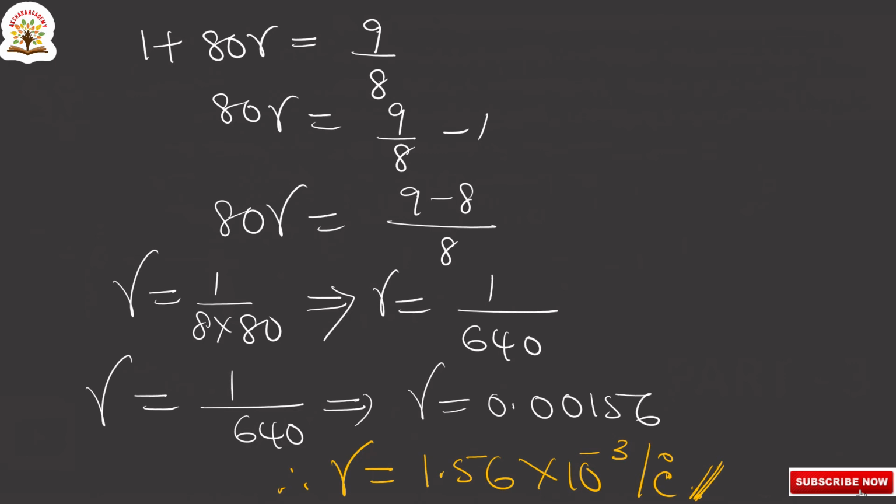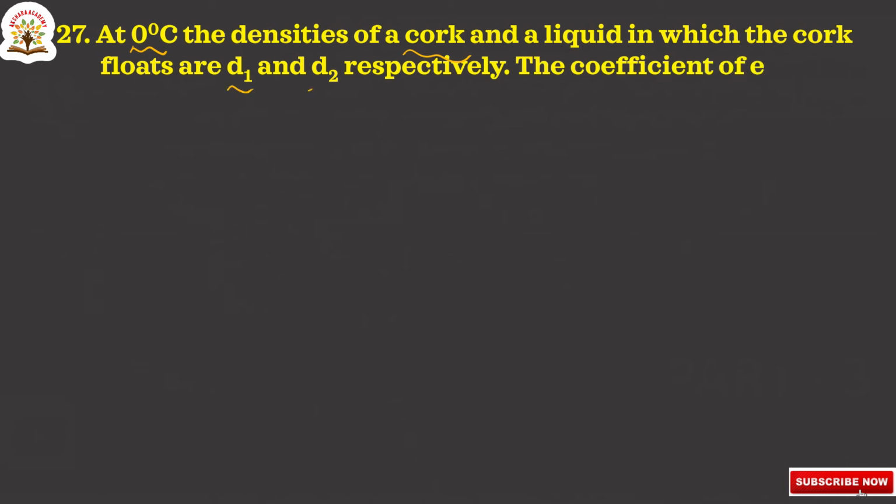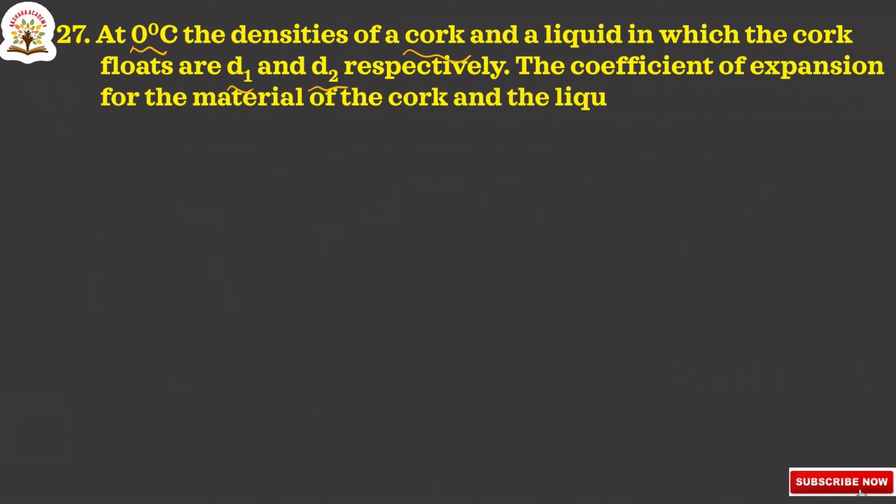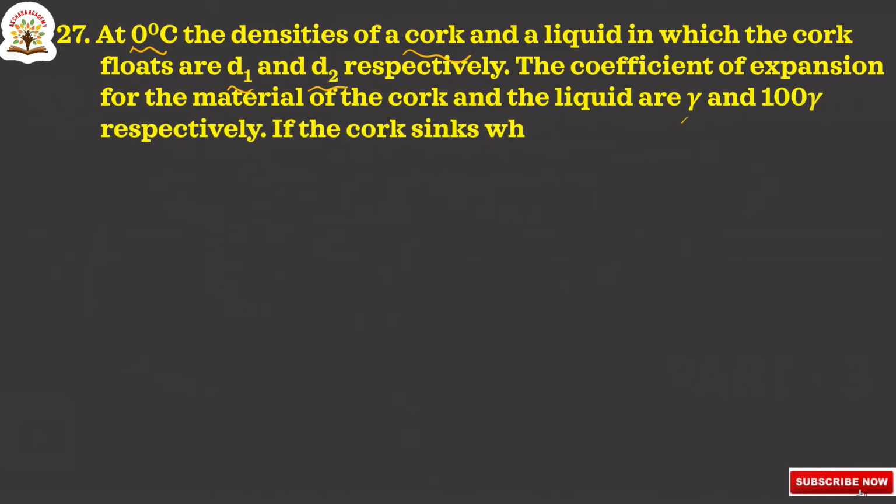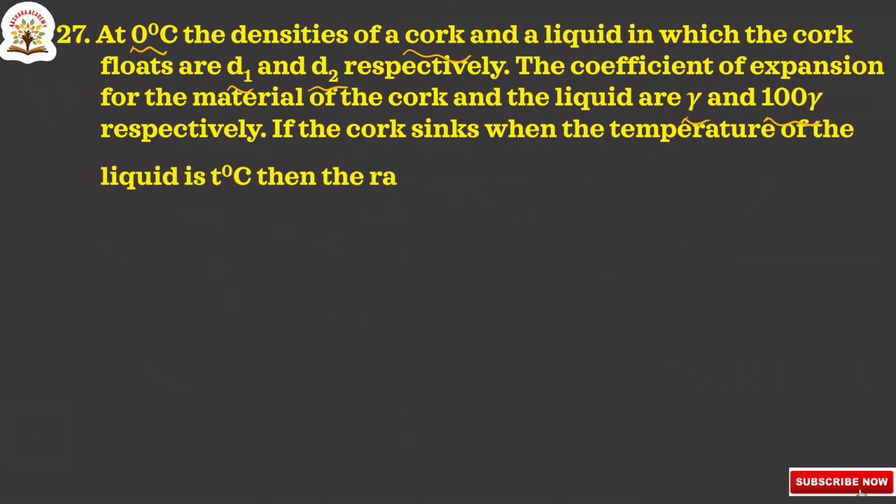Next we will go to the next question. At 0 degree centigrade, the densities of a cork and a liquid in which the cork floats are D1 and D2 respectively. The coefficients of expansion for the material of the cork and the liquid are gamma and 100 gamma respectively.